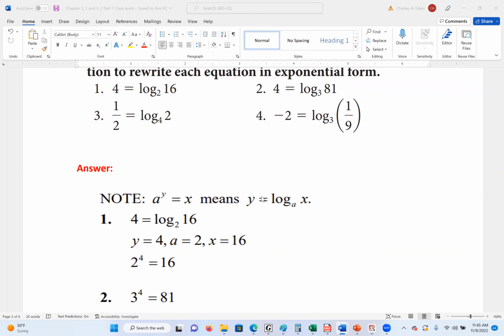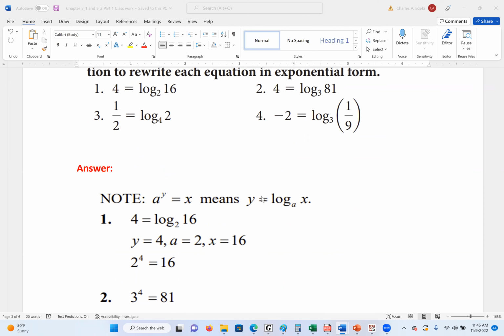So 4 equal to log base 2 of 16 means we're going to get 16 equal to 2 to the power, again, the base, log base 2. So 2 will be the base to the power 4. Or we can say 2 to the power 4 equal to 16, or 16 equal to 2 to the power 4.